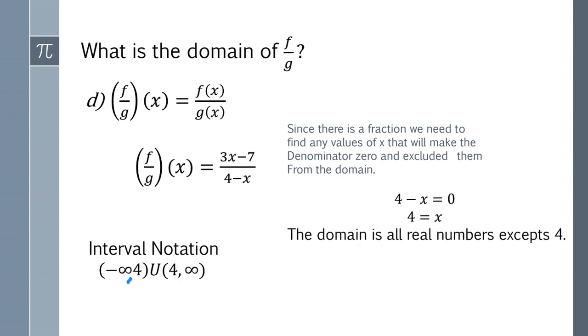I think we've covered this already, but the infinity symbol always has a parentheses. Since I want to stop at 4 but not use 4, this also is a parentheses. Then we have this U-looking shape. This means union, or and, so this is and. The other part is starting from 4, not including 4, all the way up to positive infinity, okay? So you'll be asked for the domain when dealing with the division of two functions.